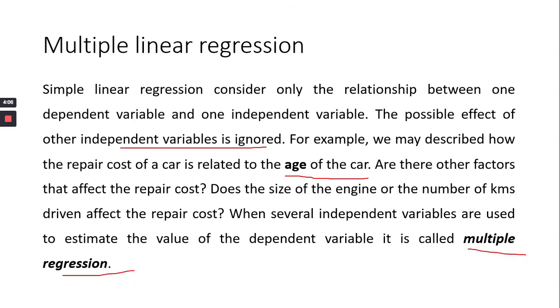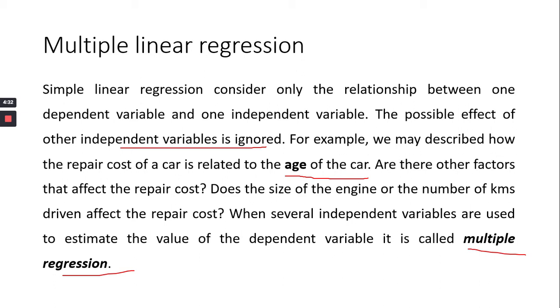You can think of so many other problems which can be candidates for multiple linear regression. If you look at yield, for example, what factors affect yield? Is it only the type of variety used? What about the amount of rainfall?